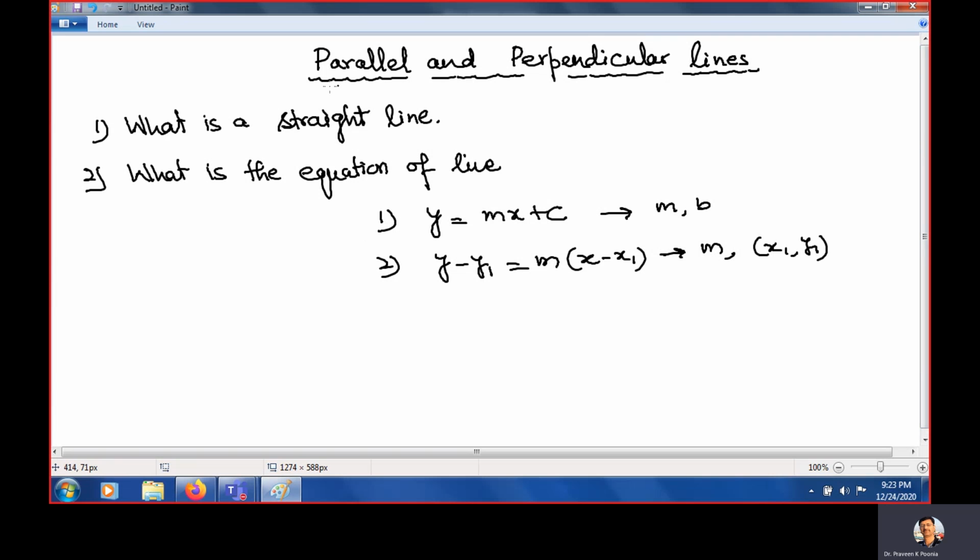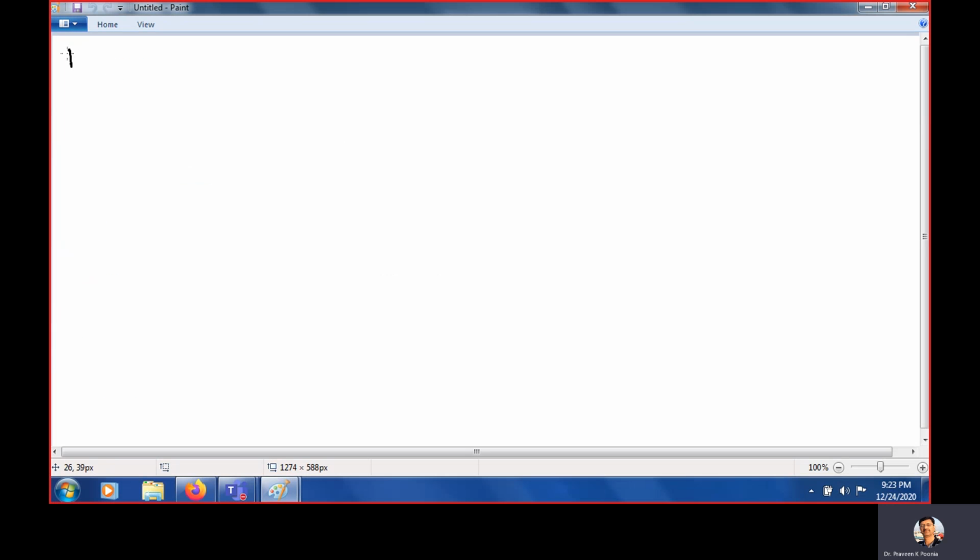So the topic for this lecture is parallel and perpendicular lines. First we will discuss the parallel lines. Parallel lines we are going to define with the help of slopes. Clear?